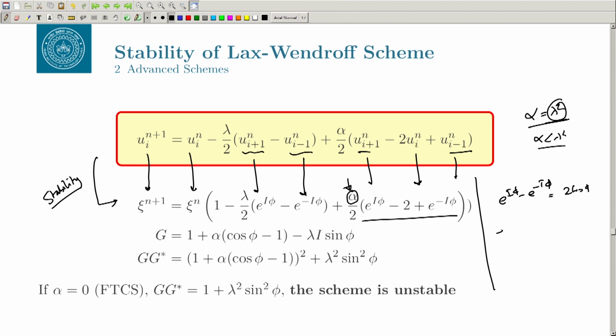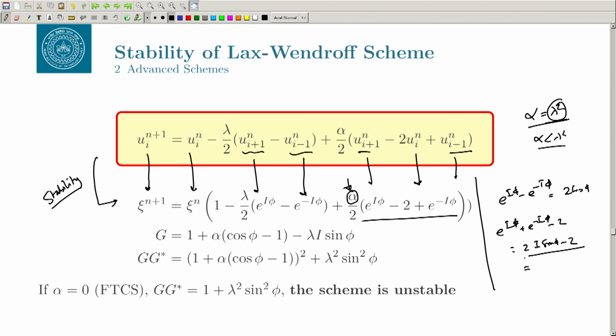If you add e to the power i phi plus e to the power minus i phi minus 2, that will be 2 cos phi minus 2. And we are subtracting the other pair, so that will be 2 i sin phi.